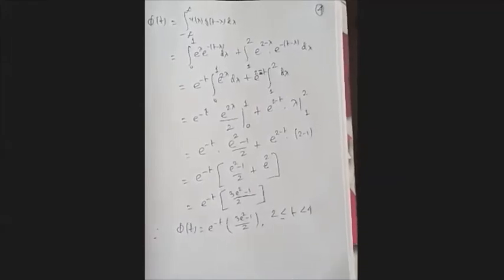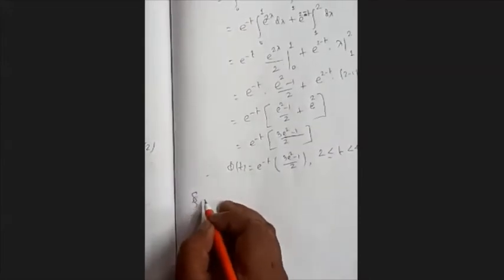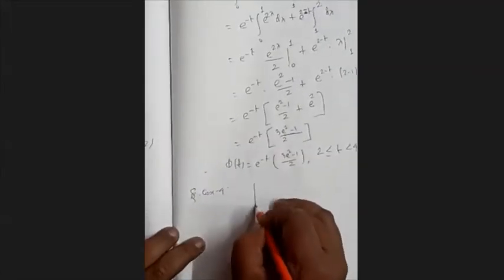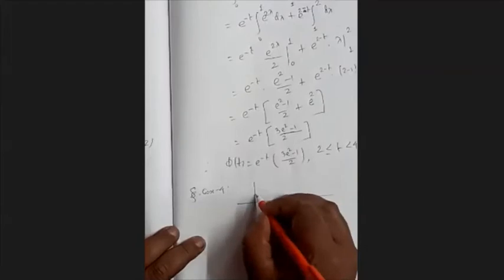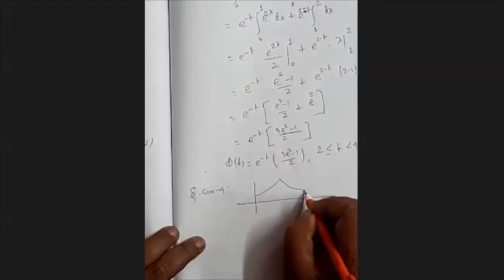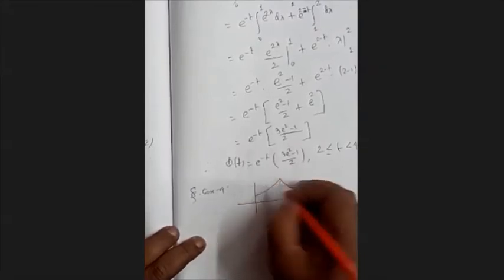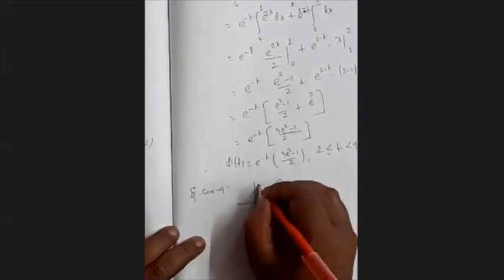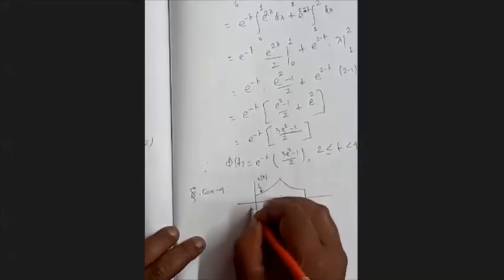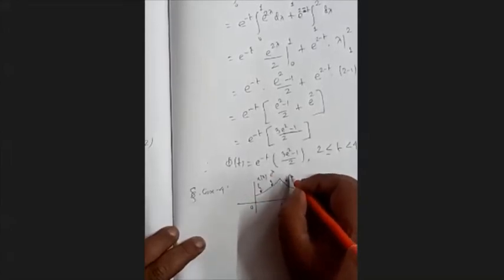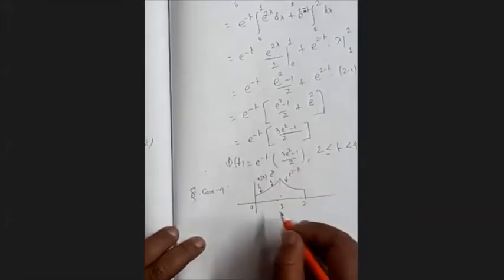Okay, next, case 4. Case 4, what happens? X lambda, this is e to the power lambda, this is e to the power 2 minus lambda.